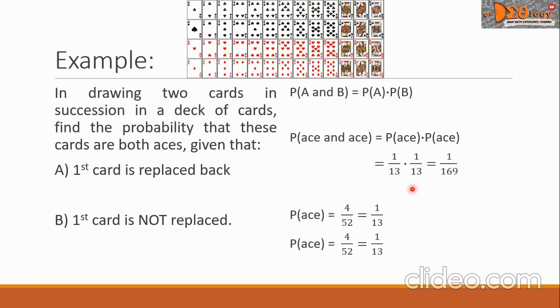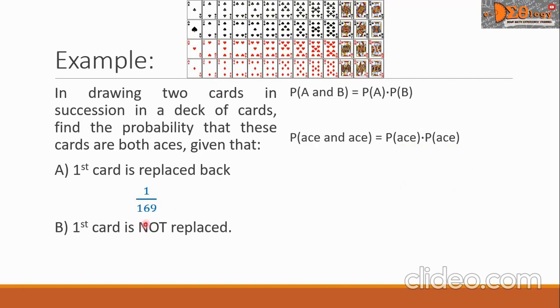Multiply denominator by denominator, 13 times 13, and that is 169. So the probability is 1 over 169. And this answer we will write below problem A.